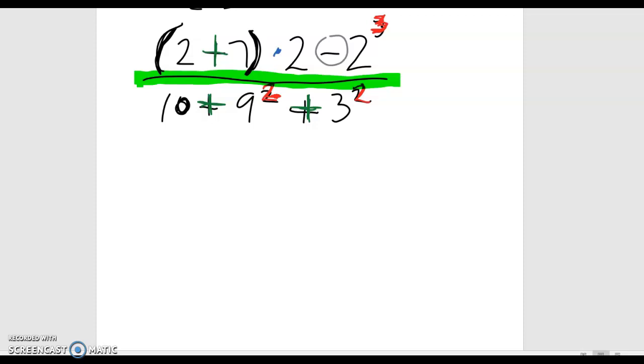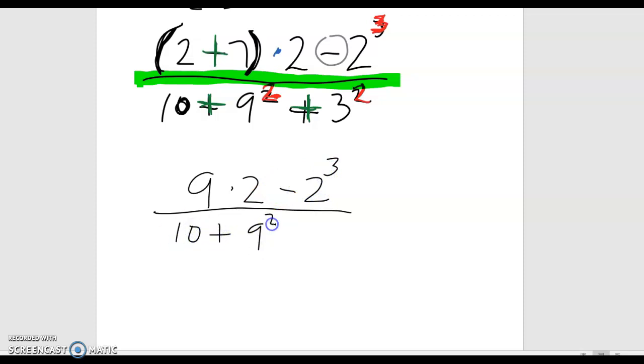What's inside of the parentheses? 2 plus 7. I want to make sure that I take care of that. That's 9. I'm going to rewrite everything else so that I don't make any mistakes on what I need to take care of next. Parentheses, done. Exponents.